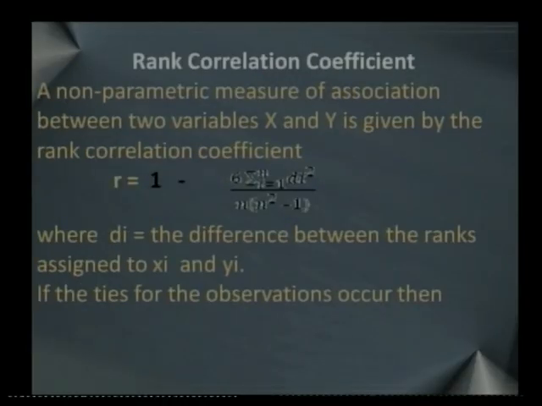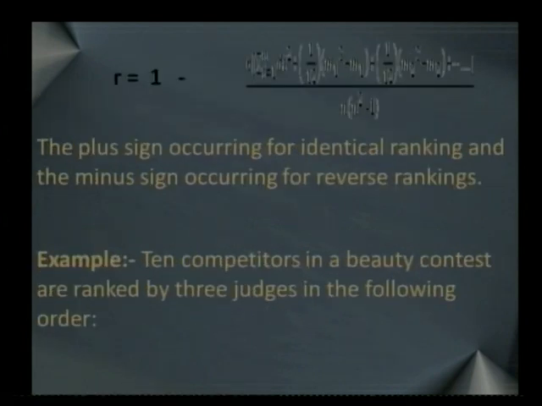Now if a tie occurs, then there is a modification in the summation of di square. Let us see in the slide so I can explain. The formula is given as r equal to 1 minus 6 times the summation of di square, and the modification applies if a tie has occurred: if one tie has occurred, we take one correction; if two, we modify it further, and so on.